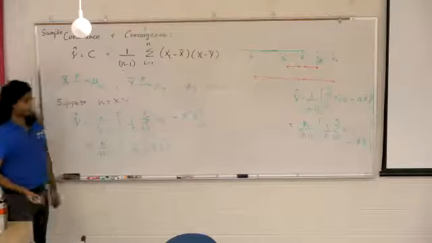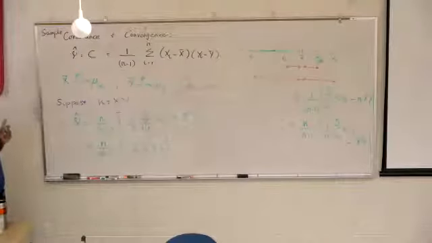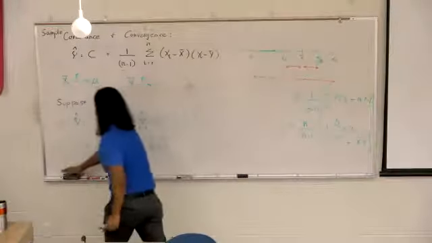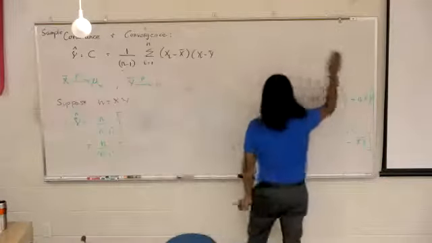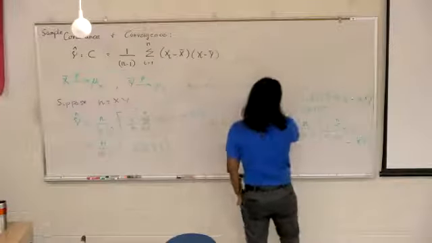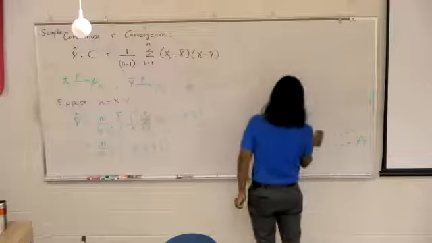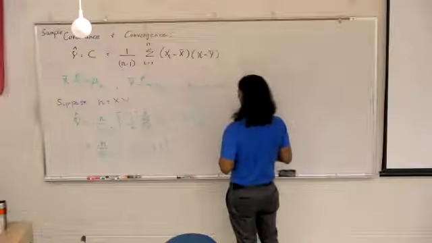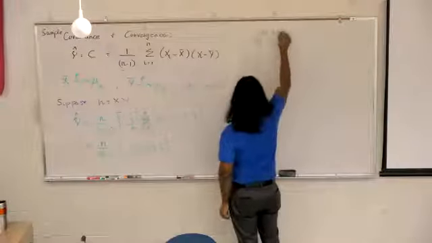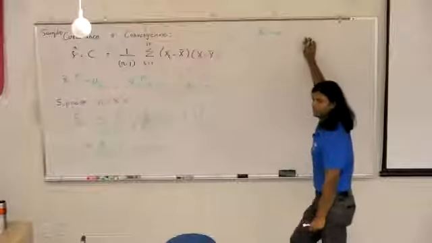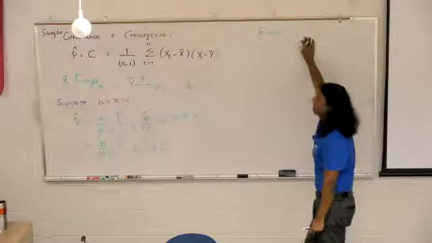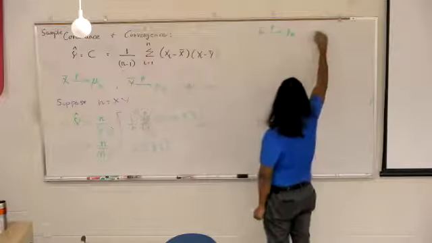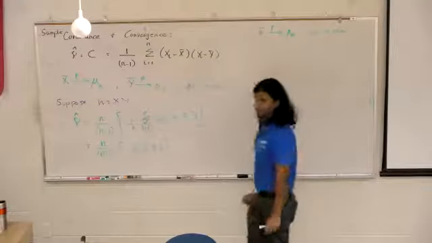If that is true, then using the weak law again, we know W bar will approach mu W in probability as n approaches infinity.